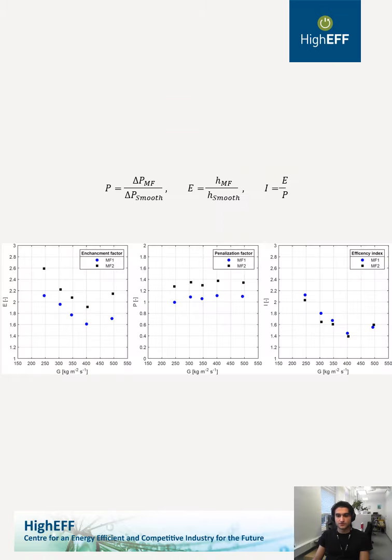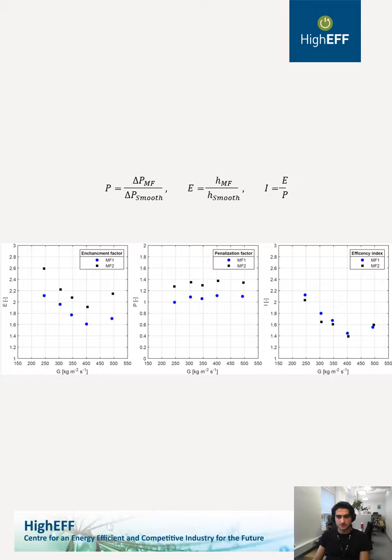We have used different parameters to depict the effect of enhanced surfaces. These three factors were enhancement factor E, portraying how much higher the heat transfer coefficient is in a microfilm tube than in a smooth tube, penalization factor P, for how much higher is the pressure drop, and efficiency index I as a relative relation between these two factors.